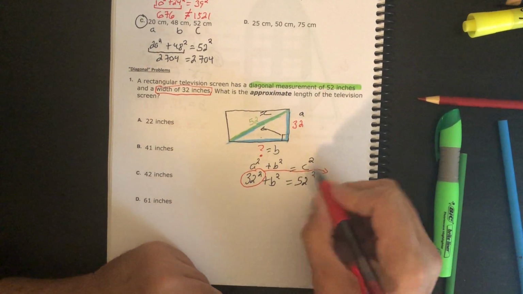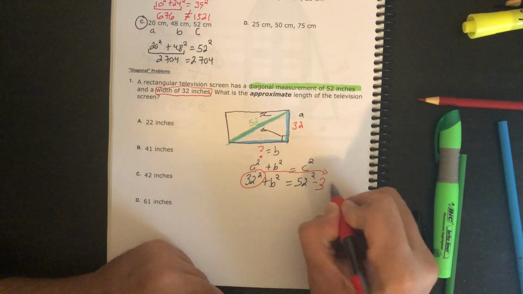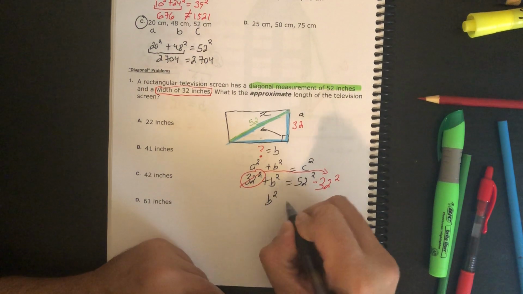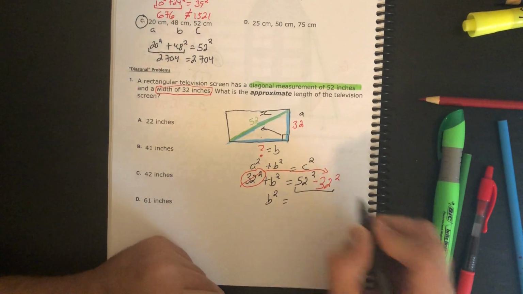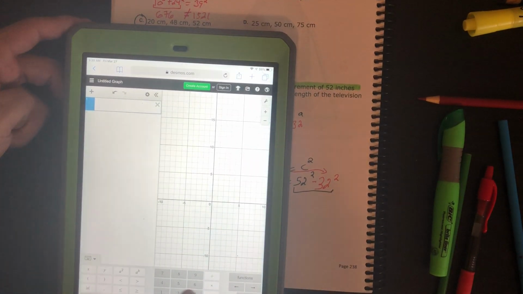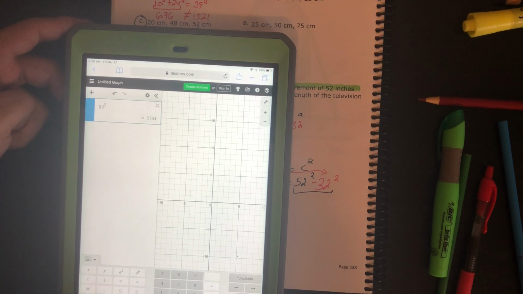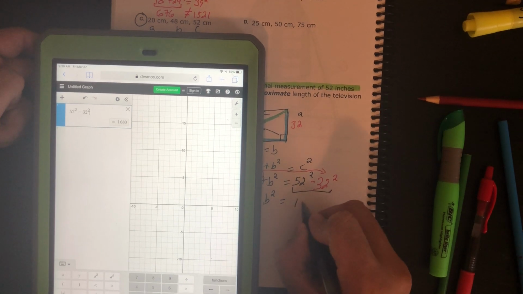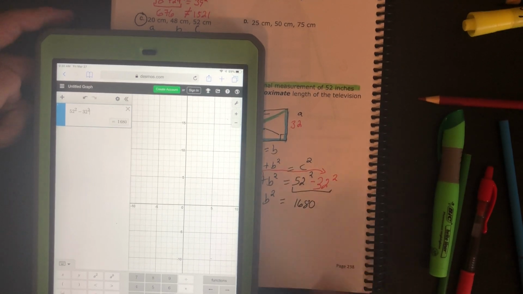So the opposite of a positive 32 squared is a minus 32 squared. So I'm left with B squared equals, once again, use your calculator to work that out. 52 squared minus 32 squared gives me 1680.